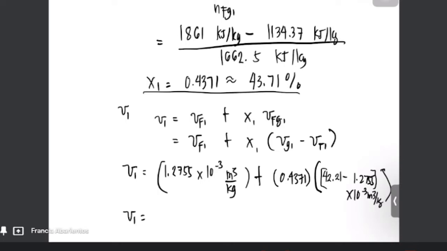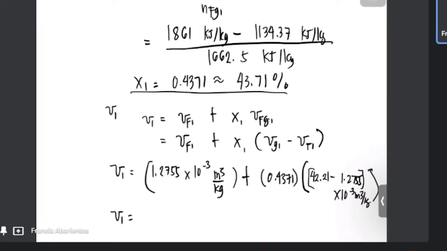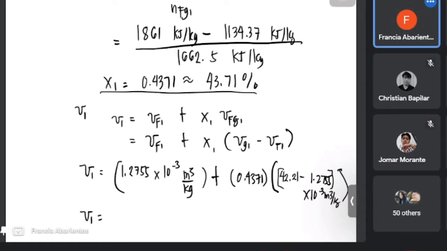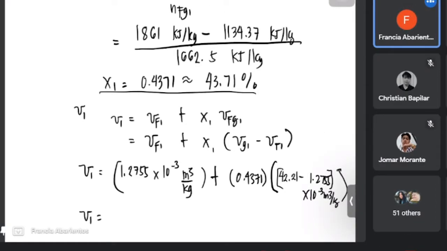71 times. Sige nga, what is your answer? 0.2755. What is your answer? May answer na ba? Tingnan sa chat box. Ayun. 19.17.